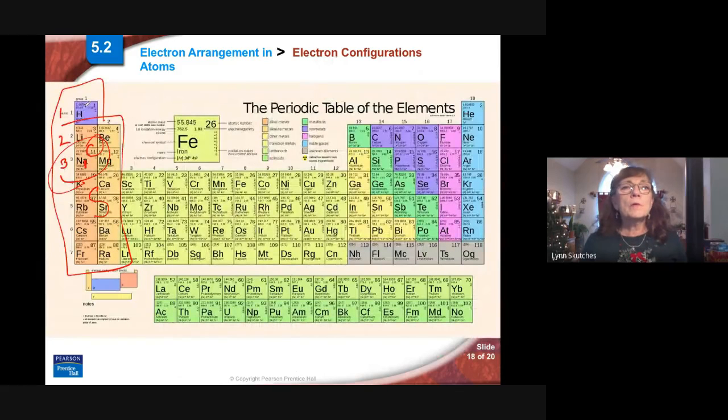The first energy level is 1s only. Hydrogen's 1s1, helium's 1s2. These are the 2s orbitals. These are the 2p.